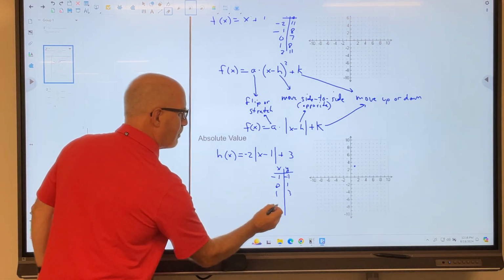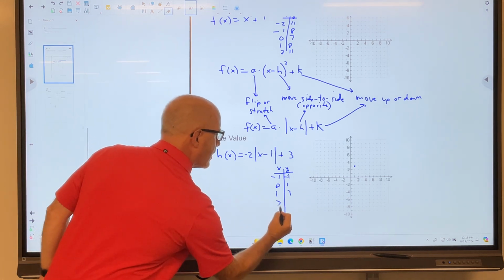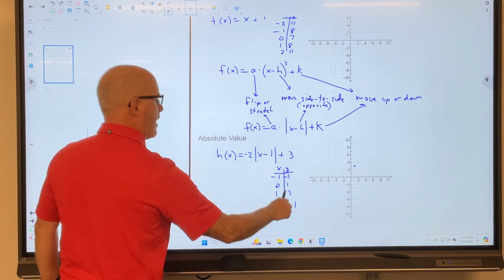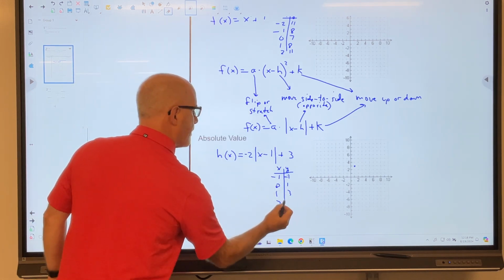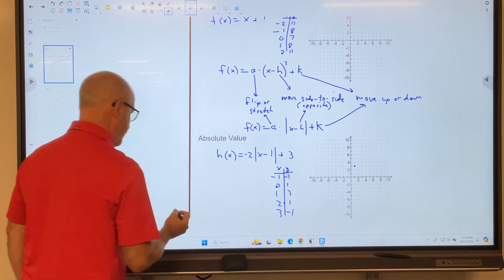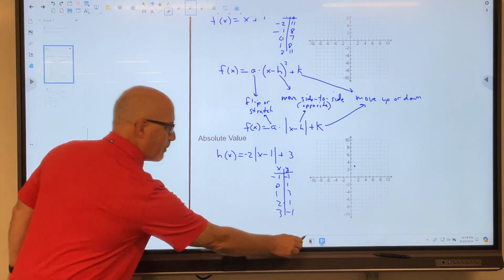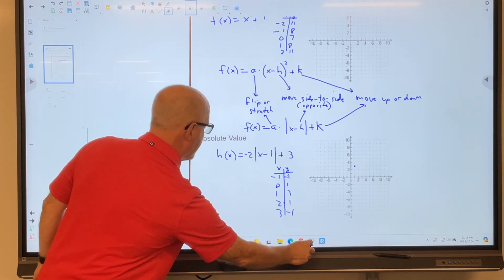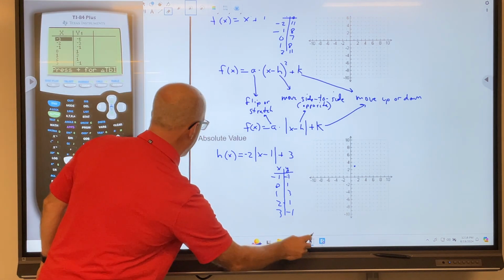And then it repeats on the other side. Like at 2, I get a +1, and then at 3, I get a -1, because it has that repeating pattern on both sides, where it moved side to side and up and down.